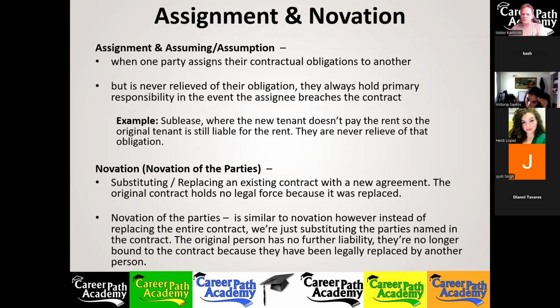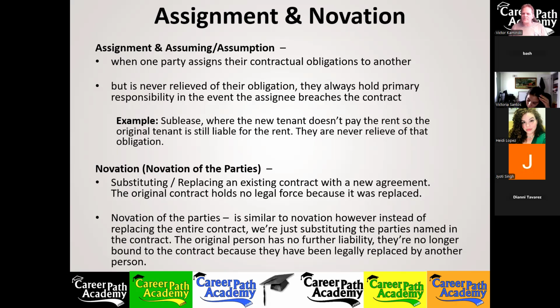Novation of the parties is a way that you could keep the same contract in place, but you're just replacing the people named in the contract. So the original person named in the contract has no further legal responsibility.